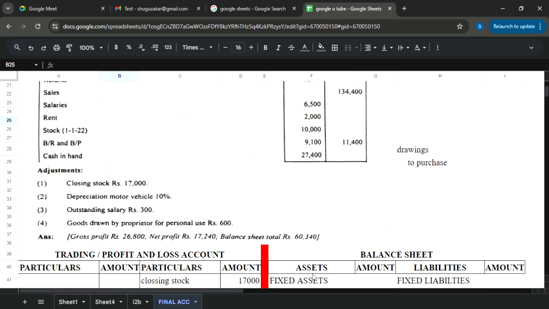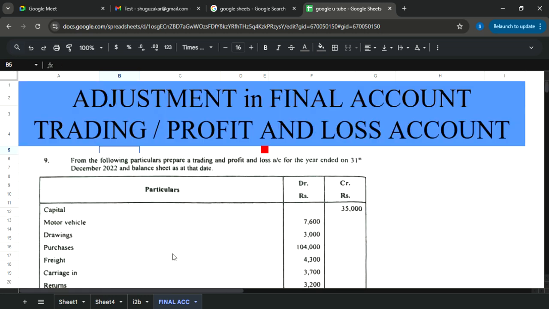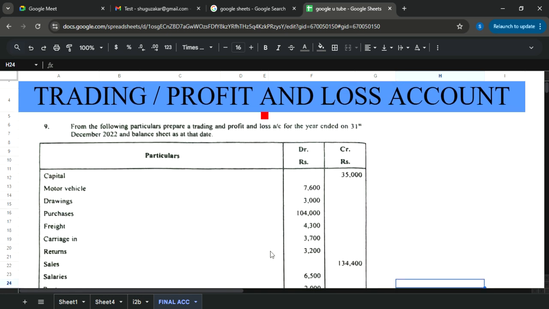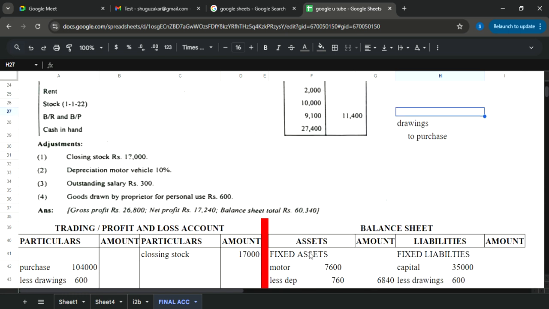Carriage has been written, and now next is returns. Okay, we have got the returns as well. Now see, these returns are written on the debit side. Sales are written on credit, their returns are present on debit, so these are sales return 3200.